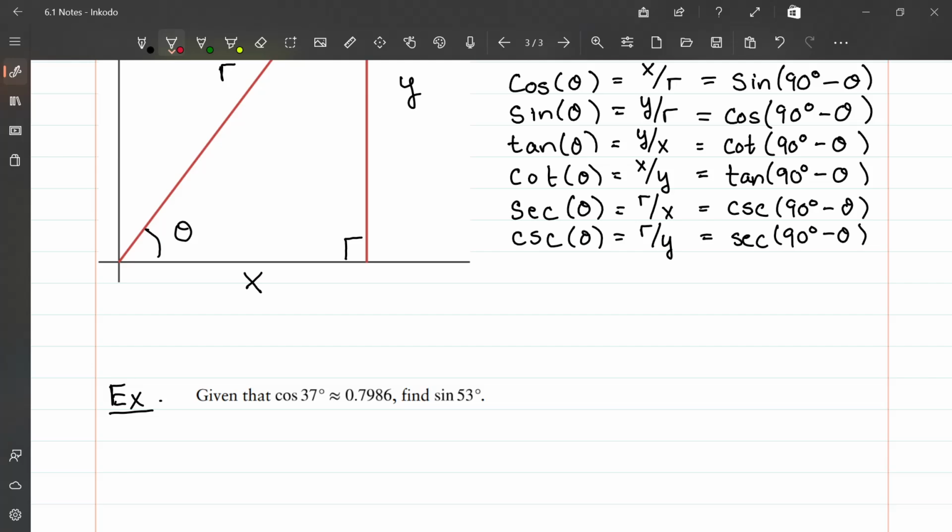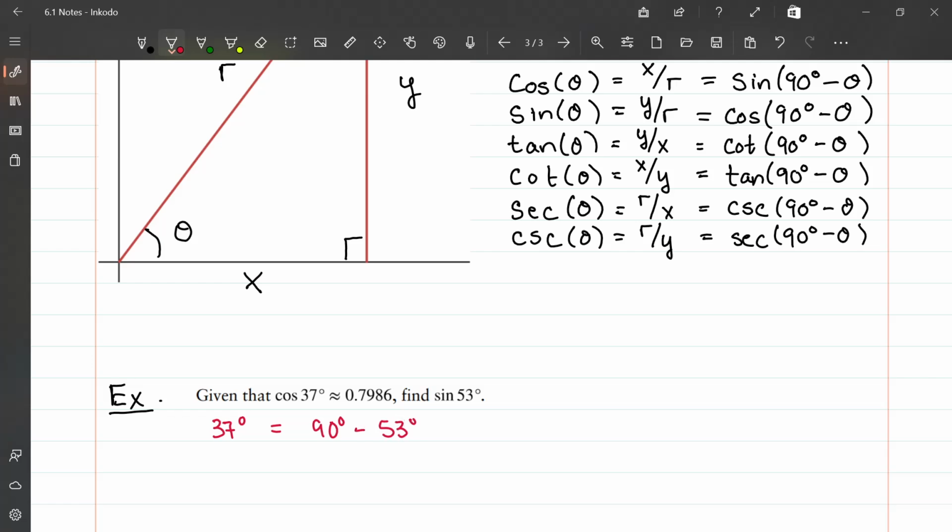Or, to put it a slightly different way, what I'd like to do is check and see, is 37 degrees equal to 90 degrees minus 53?